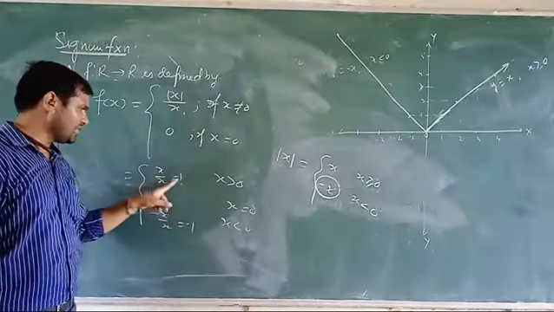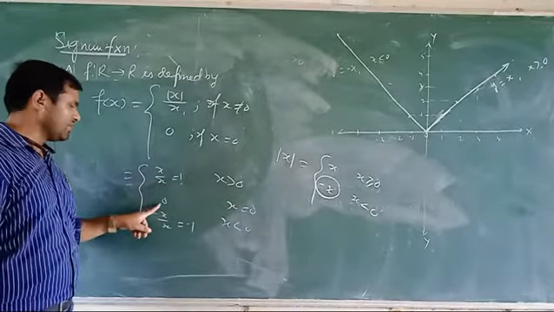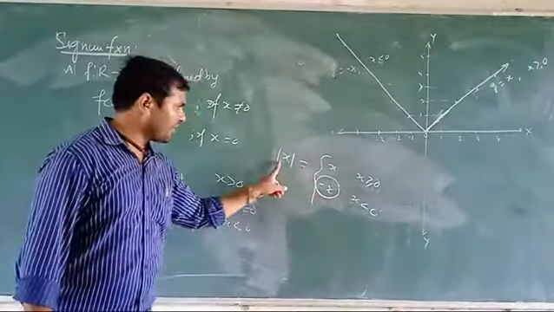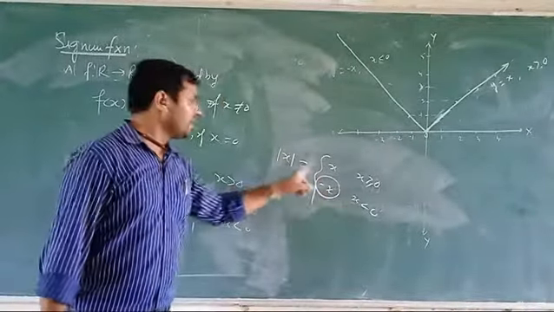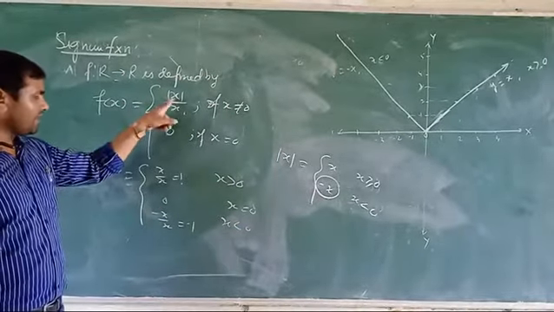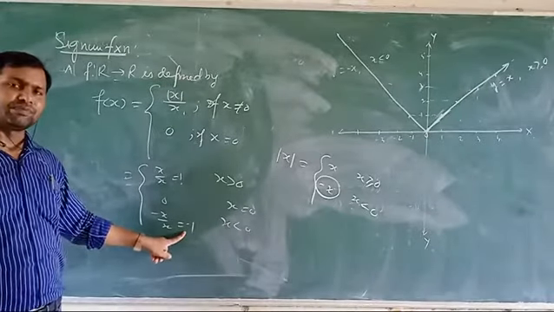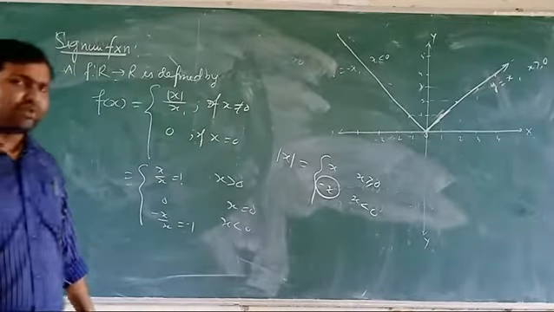Then x upon x equal to 1. And it is defined; when x equal to 0, then we shall put 0. And when x is less than 0, then mod of x equal to minus x. I kept here minus x upon x is equal to minus 1. Okay, I hope that you are getting my point.